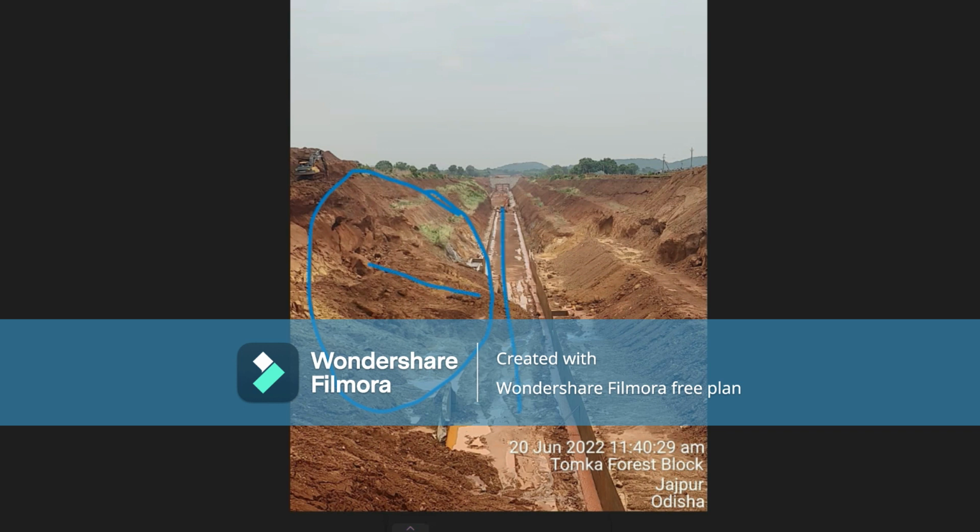This is the railway track which was constructed locally during the rainy season in June at Jajpur, Odisha. So we will see how they realized the problem and reconstructed to prevent the slope failure.